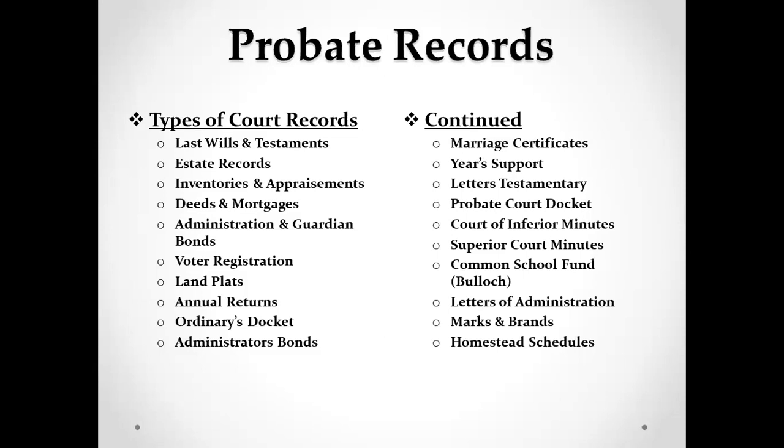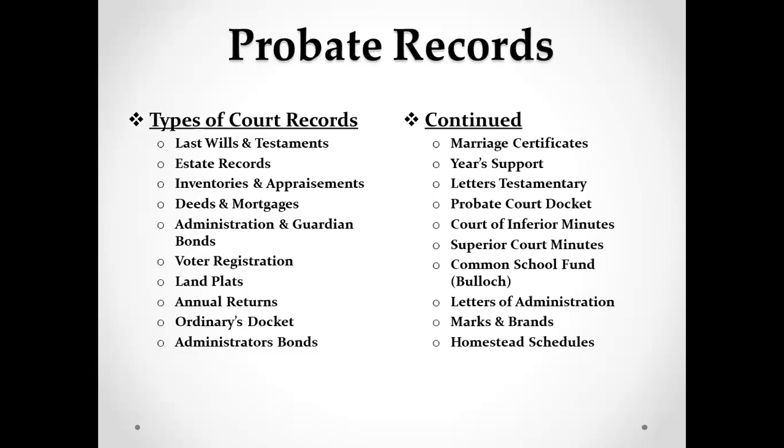Deeds and mortgages, administration and guardian bonds, voter registration, land plats, annual returns, ordinaries dockets, administrators bonds, marriage certificates, year's support, letters of testimony, probate court docket, court of inferior minutes, superior court minutes, common school fund, and again, I have that for Bulloch County since that's where we are.